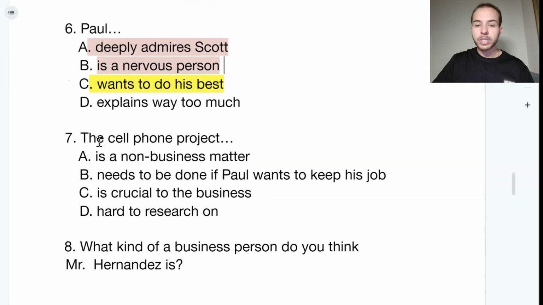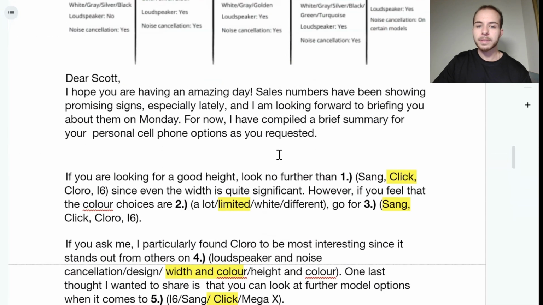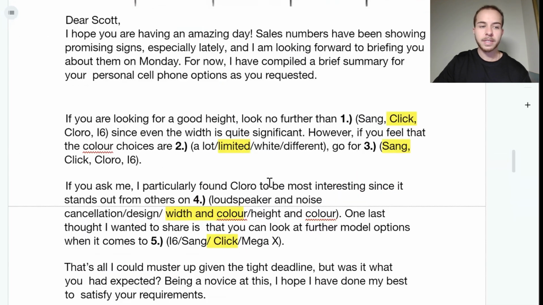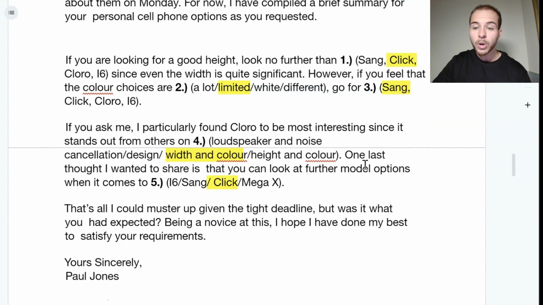The cell phone project is non-business, needs to be done to keep his job, critical for business, hard on research. Let's see. Did they talk about this being their project? I'm looking for some type of indication that this is either for work or not for work.